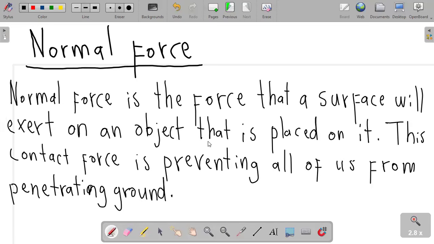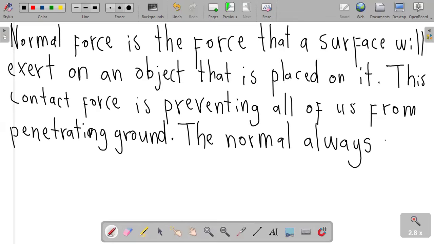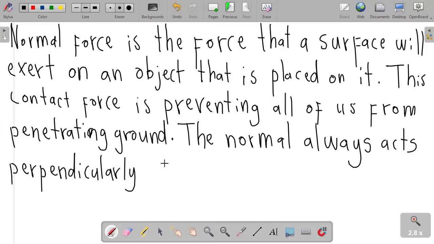And then the other important thing you need to know here is that the normal force always acts perpendicularly to the surface.